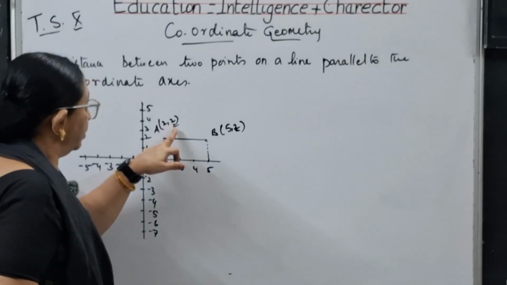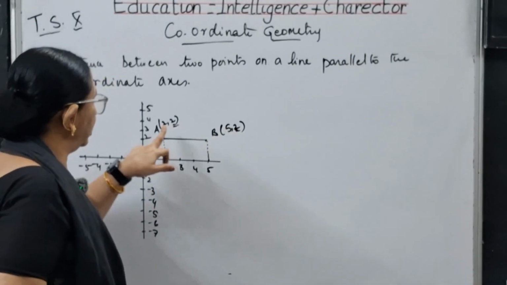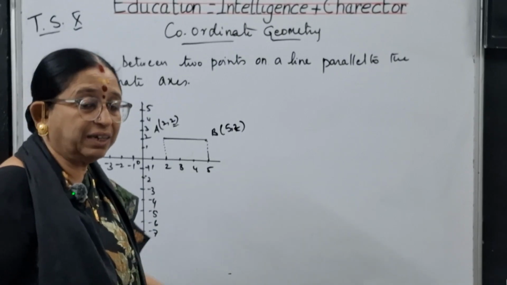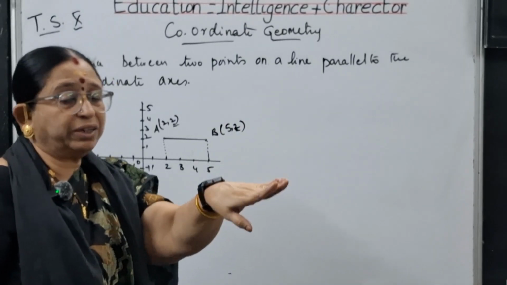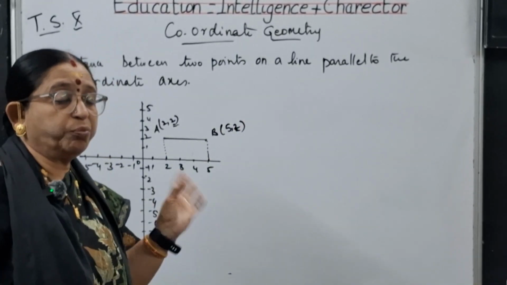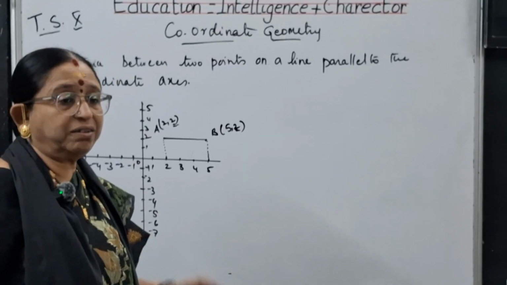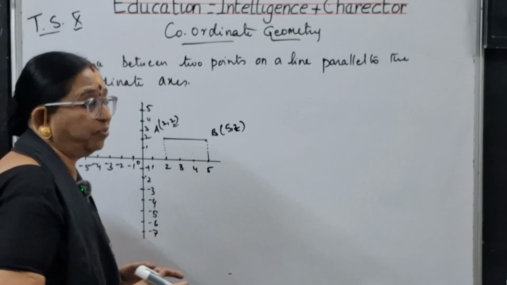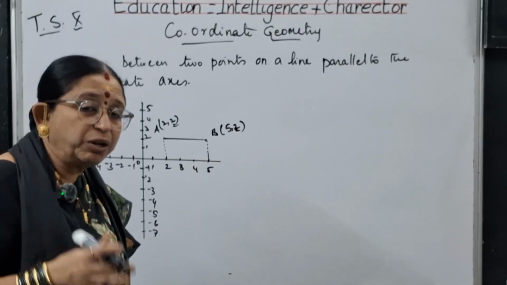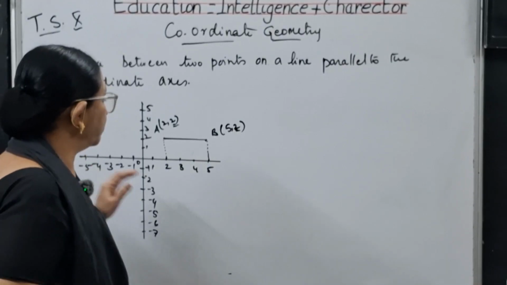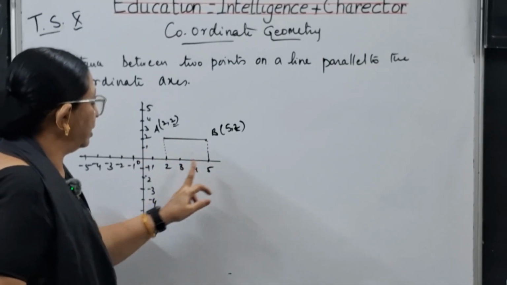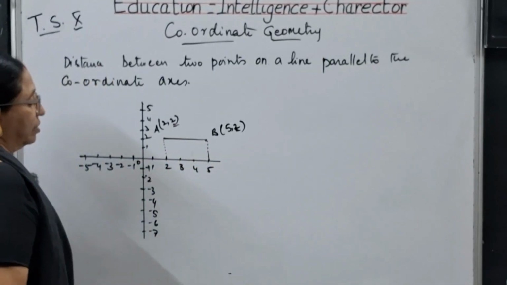When my y coordinates are same, the line is parallel to x-axis. Like we have discussed, when y coordinates are 0, the points lie on x-axis. These are the particular points, or I can say definitions, which you should keep in mind while solving these problems.